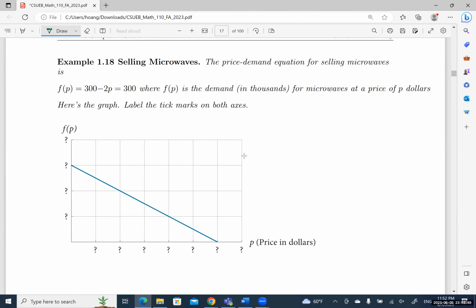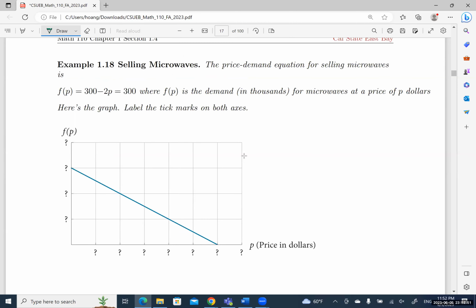Okay. So let's go ahead and work on example 1.18, selling microwaves. This is the price-demand equation for selling microwaves. That function is f(p) plus 2p equal to 300, where f(p) is demand in thousands.